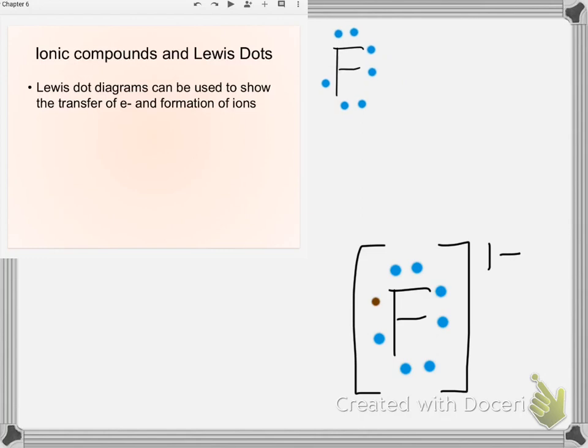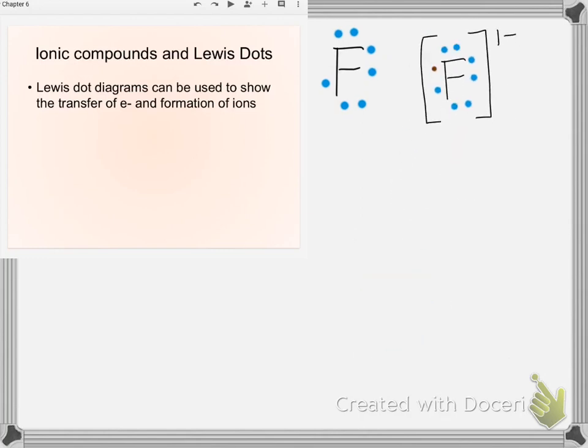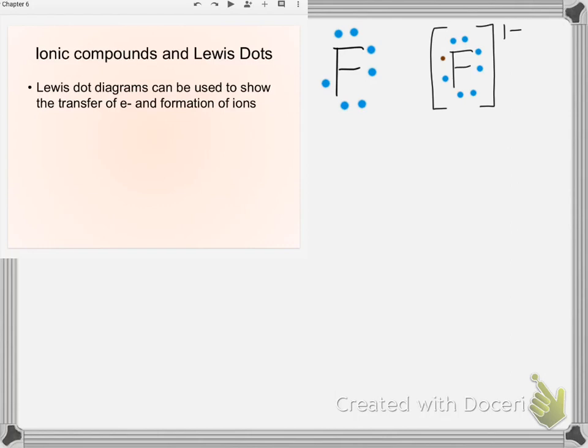I'm going to move my neutral fluorine up there. I'll move my fluoride ion up there. Let's show sodium. How many valence electrons does sodium have? 1. So I'm going to put a single dot there. What does it want to do? Give up or gain? Give up. It's going to give up that 1. So we can show now Na 1+.